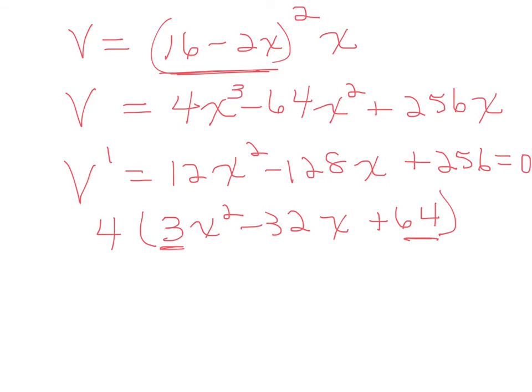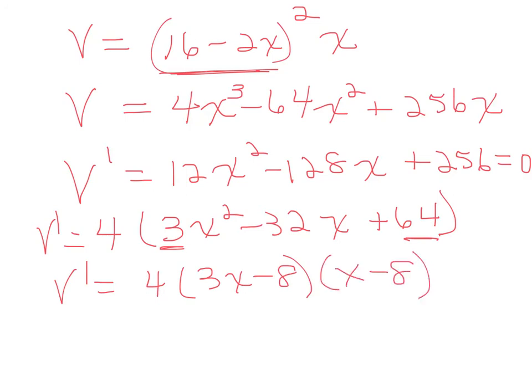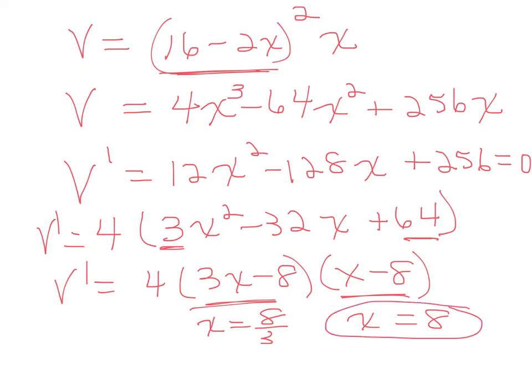Okay, I hard factor by decomposition, and I get the following: 4 times 3x minus 8, x minus 8. Set my factors to 0, and I get x equals 8/3 and x equals 8. I want you to notice quickly that x equals 8 has to be rejected because it doesn't follow our constraint. So my answer seems to be x equals 8/3 for the length of my cut.